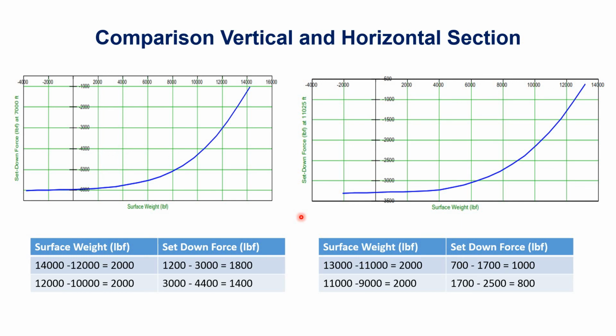But in the horizontal section it is completely different, as we have just seen: when we drop 2000 it is only 1000, and for the other value when we drop 2000 it is only 800. So this chart is necessary when we are doing a job in horizontal wells.